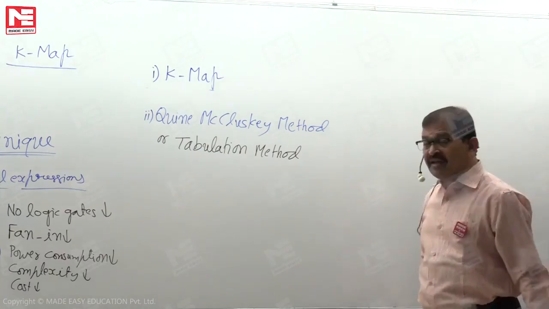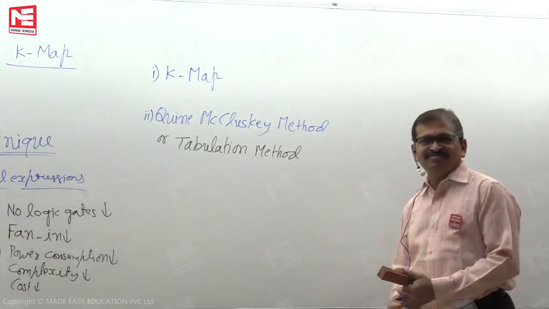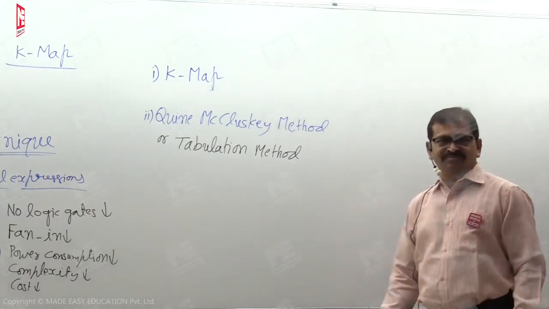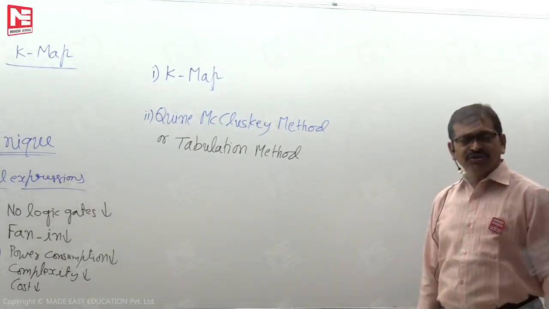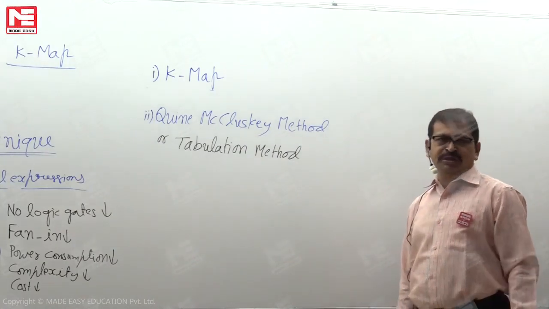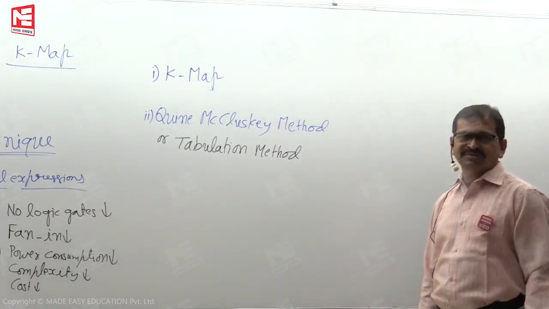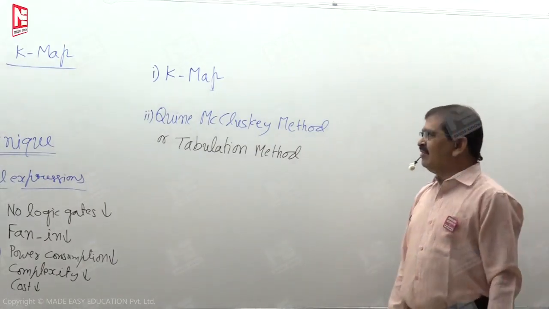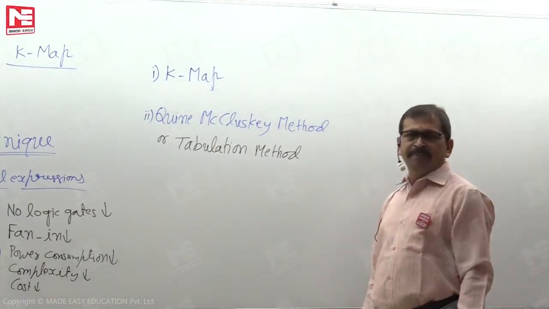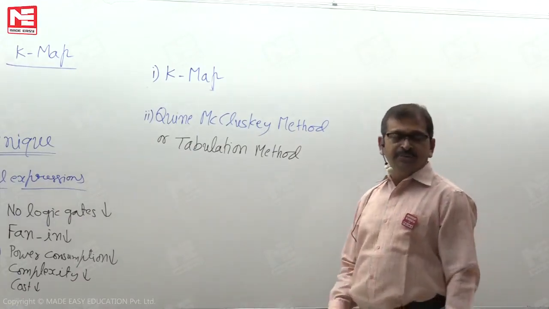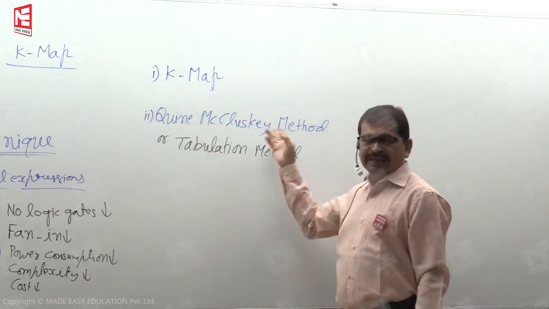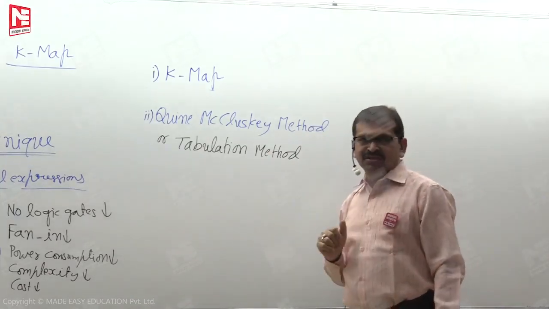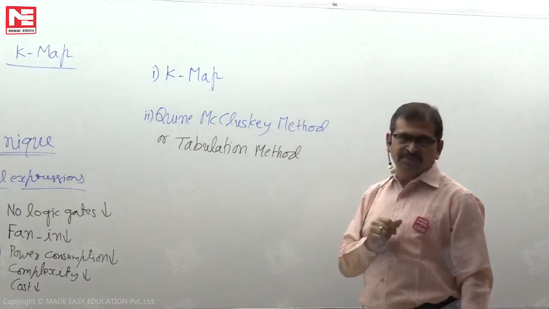As far as our GATE question paper pattern is concerned, or in general any PSU written examination, the questions are only objective type questions, multiple choice questions, numerical questions. With the Quine-McCluskey method, it is not possible to frame a question as an objective type question.